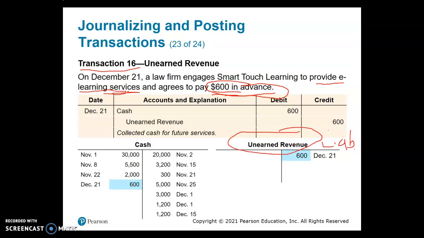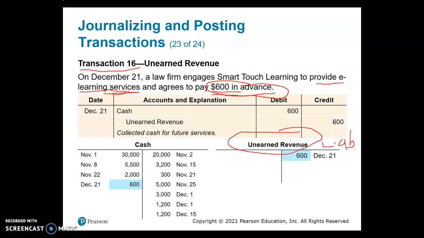Another example, very common, would be gift cards. We all buy gift cards as gifts, for family and friends. So if I go to Lowe's and buy my dad a gift card, Father's Day is coming up, and I buy him a $50 gift card, Lowe's has $50 cash that they just received, but they haven't earned it. They haven't sold me a product yet.